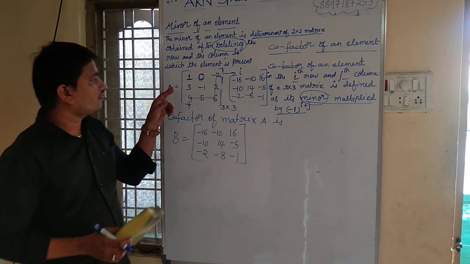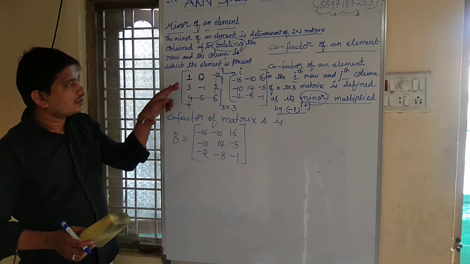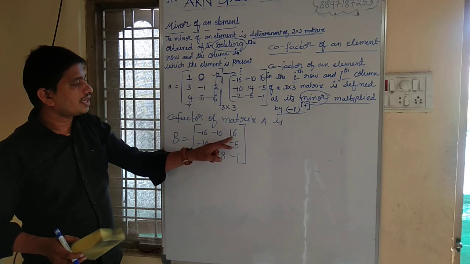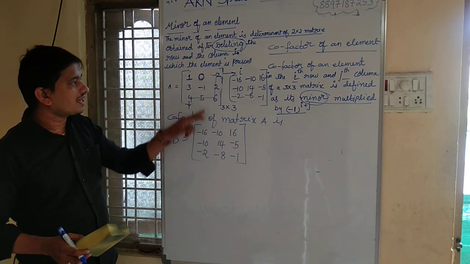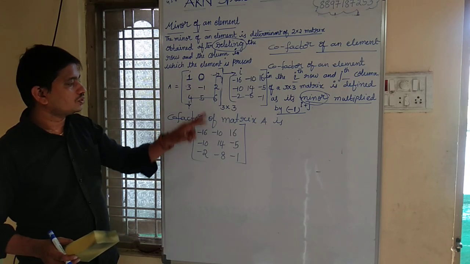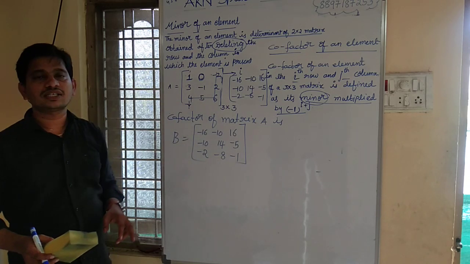So 1 cofactor is minus 16, 0 cofactor is minus 10, minus 2 cofactor is 16, 3 minus 10, minus 1 14, 2 minus 5, 4 minus 2, 5 minus 8, 6 minus 1.